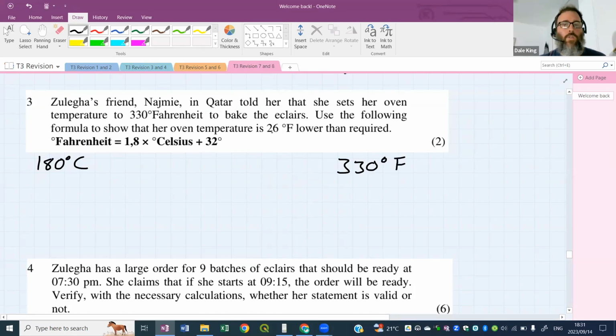Okay, so use the following formula to show that Najmi's temperature is 26 degrees Fahrenheit lower than what is needed. So we've got to compare these two. We can't compare degrees Celsius with degrees Fahrenheit, so we've got to convert one of them.